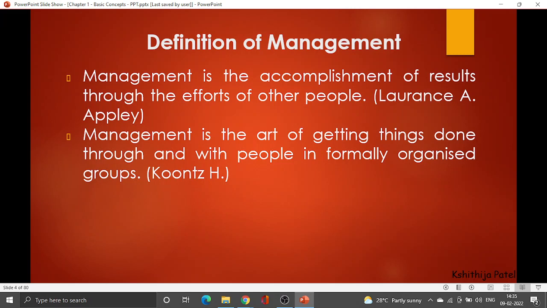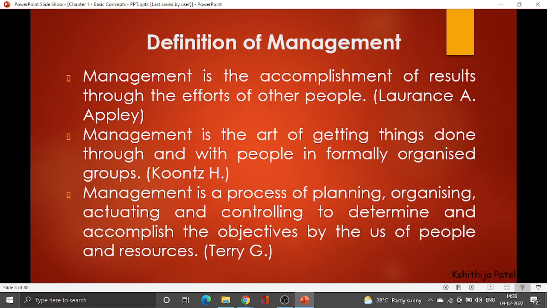They have an economic goal behind doing certain things, and that's why they come together. Their individual goals might be different from the collective goal, but in the realization of the collective goal, they would be realizing their personal goals as well. That is the main thing that motivates them to work together. So management is nothing but the art of getting things done through and with people in a formally organized group.